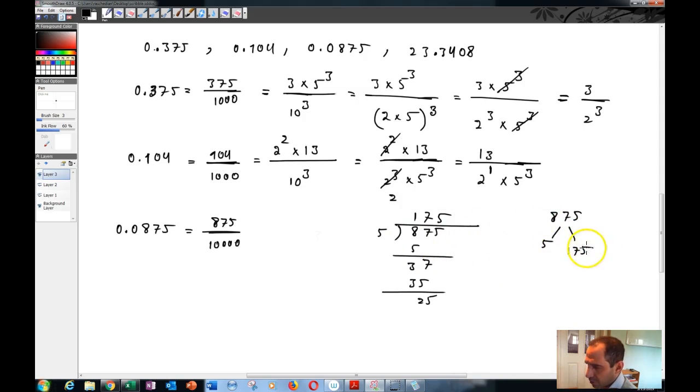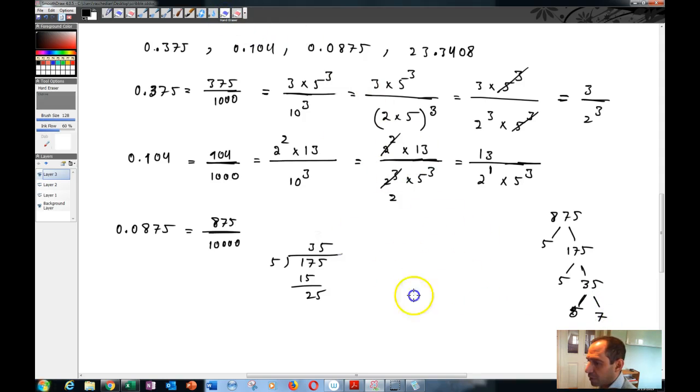And 175 divided by 5 is 35. So 5 times 35, and that's 5 times 7. Okay, so that's the prime factorization of 875.